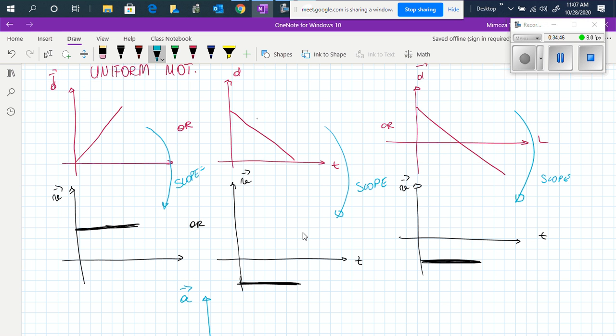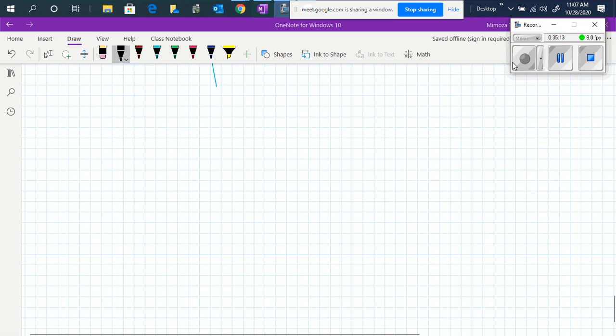And when we calculate the slope of a horizontal line, the slope in this case is equal to 0. So this is mathematically proving that the velocity is the rate of change of displacement, and graphically is proving that too.